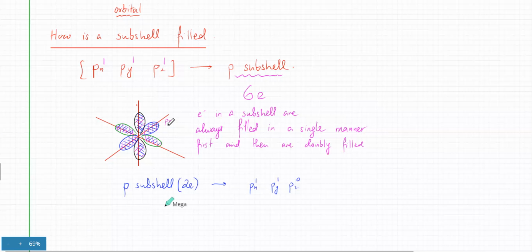Similarly, with three electrons, one electron would go in the px, the other into py, and the third into pz. And if there are four electrons, one electron each would be filled in all of the orbitals, and then the fourth electron would go in the px. So remember how subshells are going to be filled.